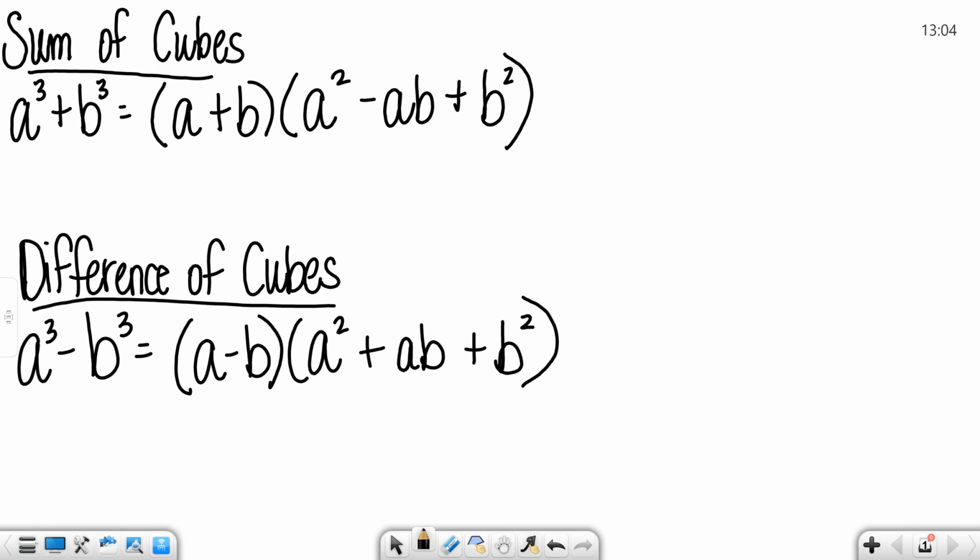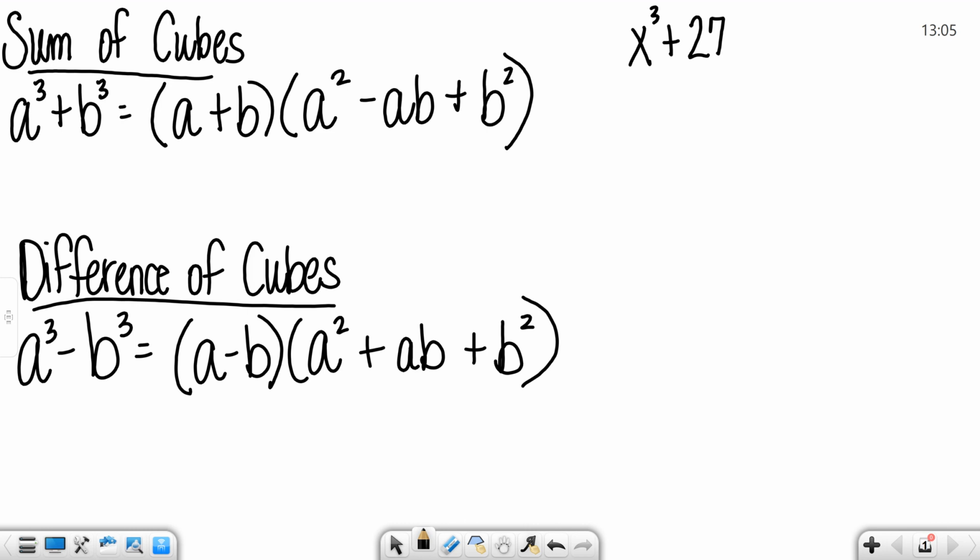This A disappeared. All right. So let's start with a sum of cubes. X cubed plus 27. I need to know what are A and B. Now those are not coefficients.